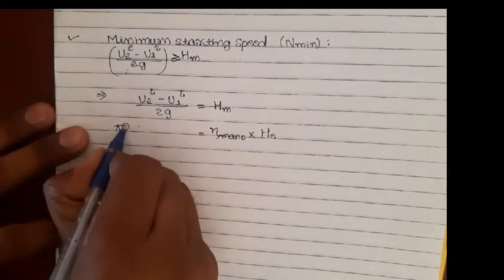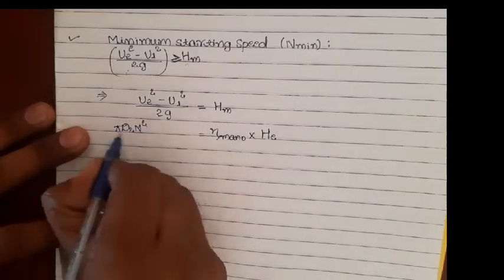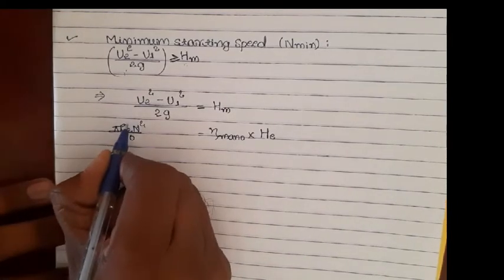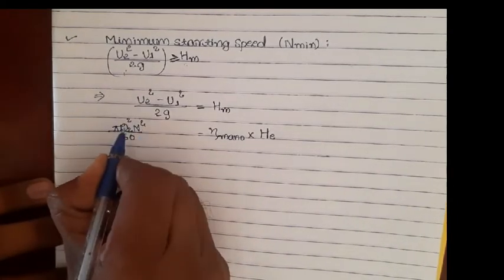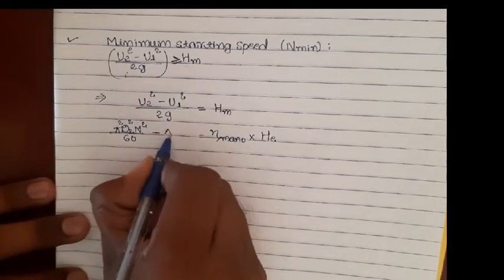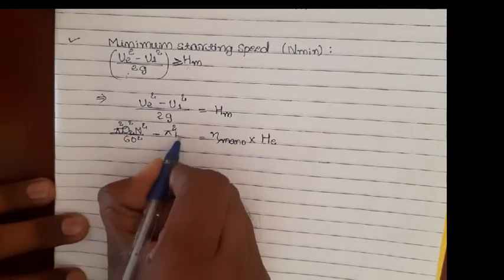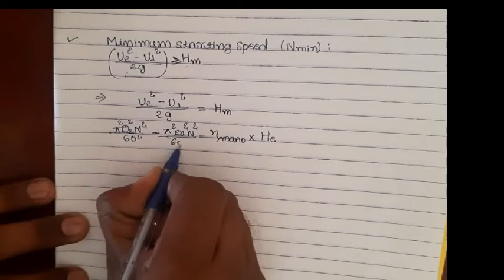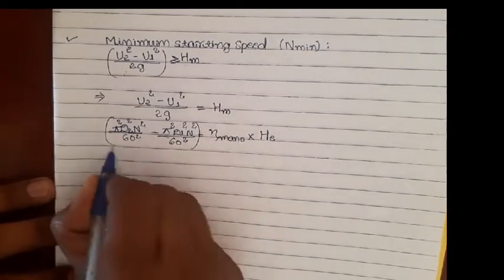Now let us say what is U2? U2 is pi d2 n divided by 60. Right? So (pi square d2 square minus pi square d1 square) n square divided by 60 square, whole divided by 2g.